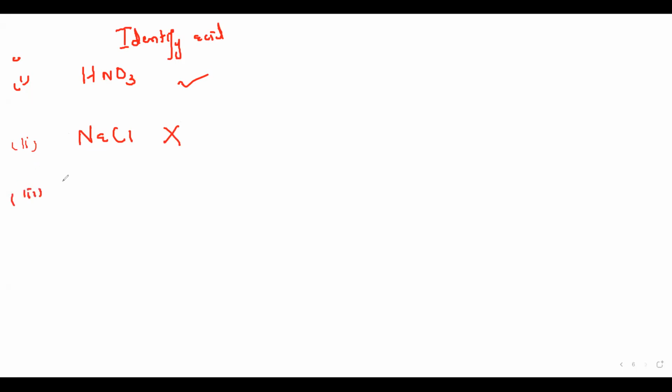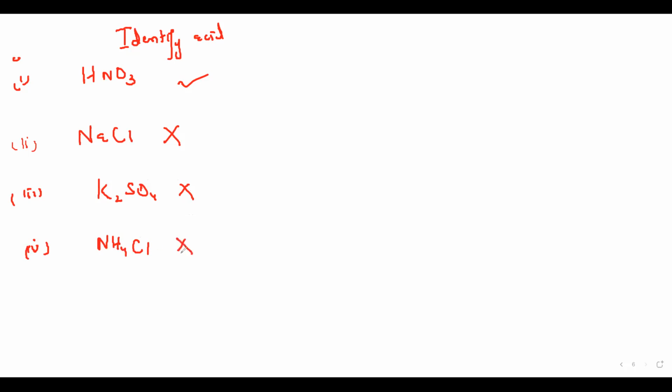The third one, K2SO4. Is this an acid? No, it's not an acid because there is no hydrogen. NH4Cl. Is this an acid? It should start with hydrogen. It's not starting with hydrogen, it's starting with nitrogen.